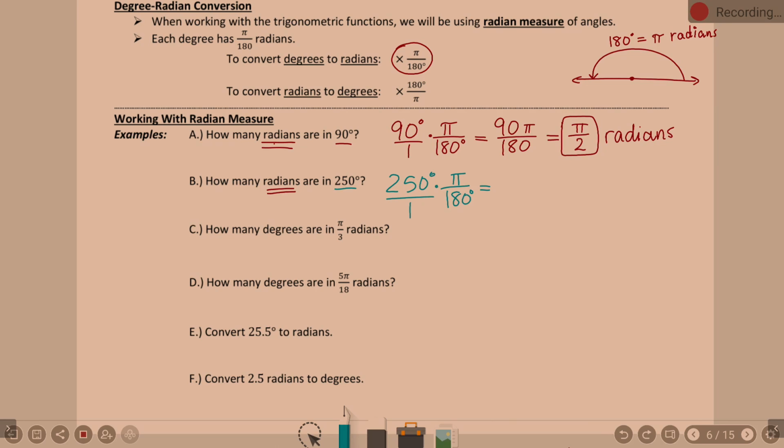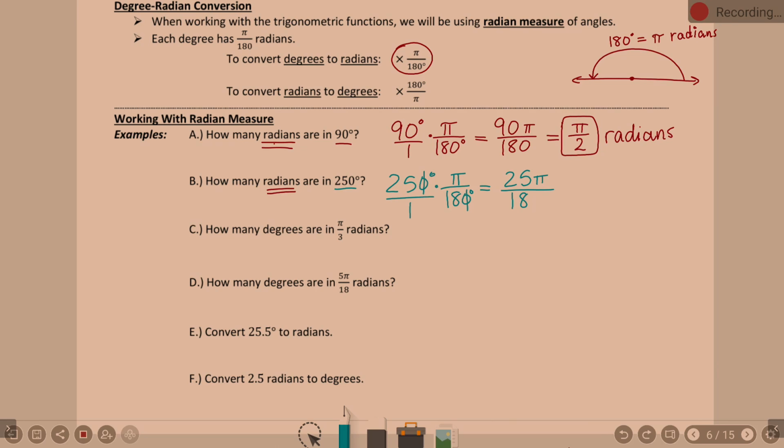Okay, so since they both end in zeros, in elementary you just learned marking off the zeros. It's dividing by 10 is what it's doing. So if we do that, on top, I'm going to have 25 times pi. On bottom, 1 times 18, which is 18.